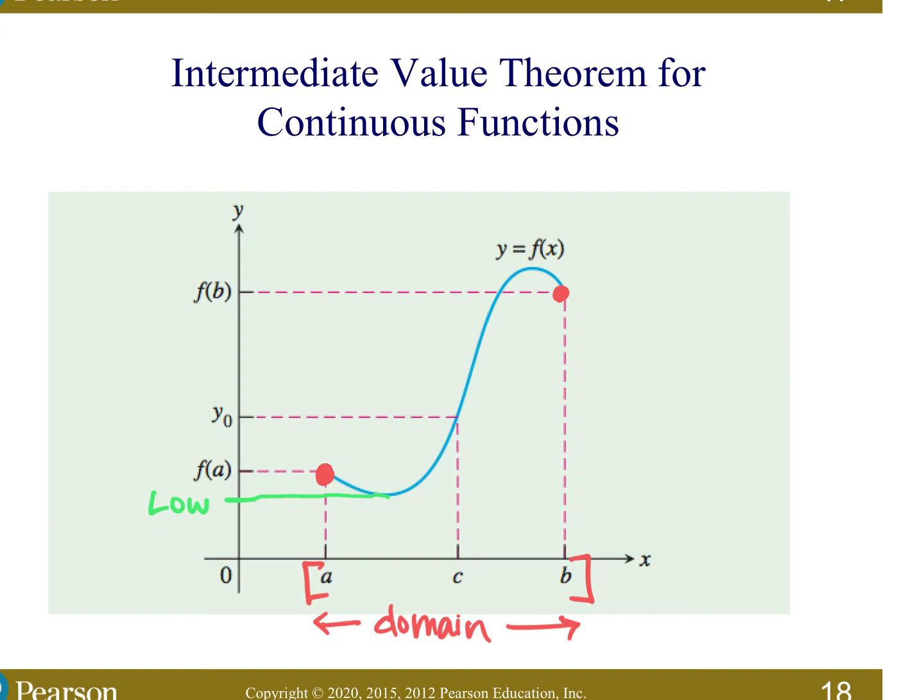The highest value is also not labeled. Okay, there's my high. And what the IVT says is that we guarantee that there's nothing skipped in between those values either, that everything from the low to high, every single value is accounted for. No value is skipped, no value is missed. Every single value is present in the domain and the range.